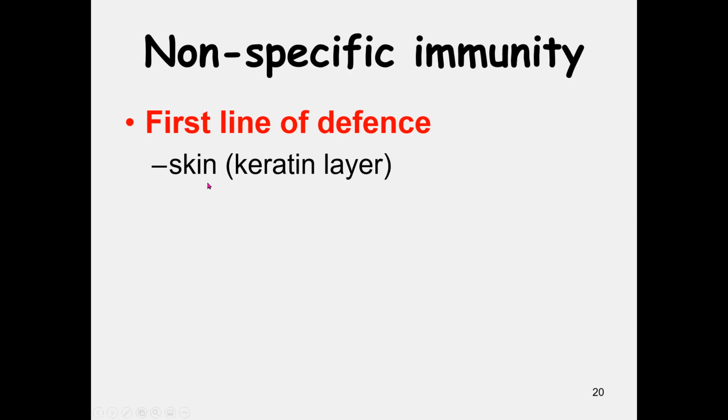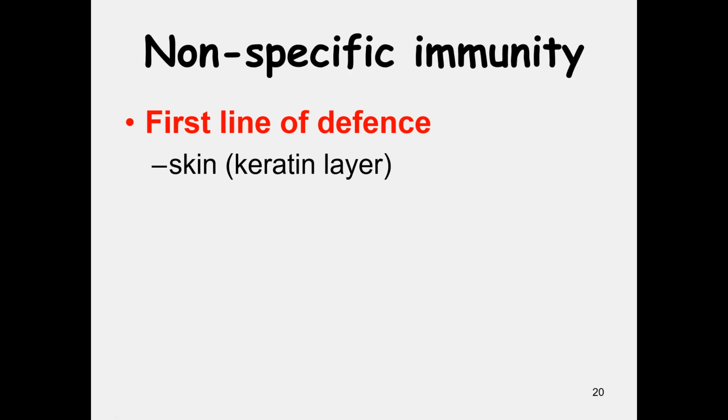The first line of defense that we have is what you see on the outside. We have skin and we have a keratin layer. Now, keratin is tough. All our skin has got this protein keratin. Our hair is keratin, our nails are keratin, horses' hooves are keratin. If you open us up and look at our livers, kidneys, they're quite soft.